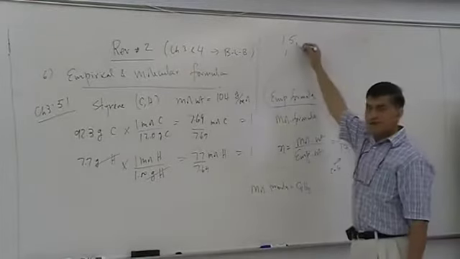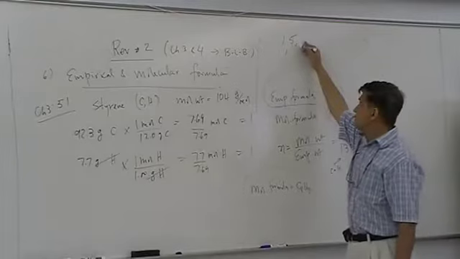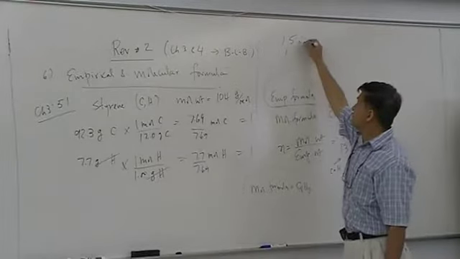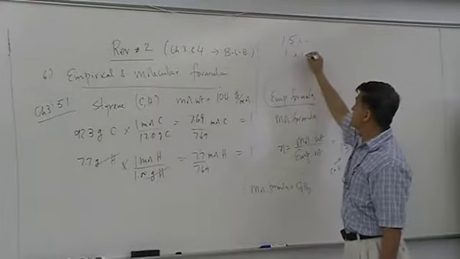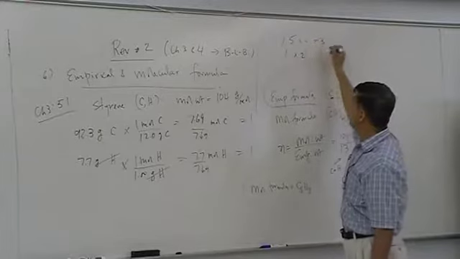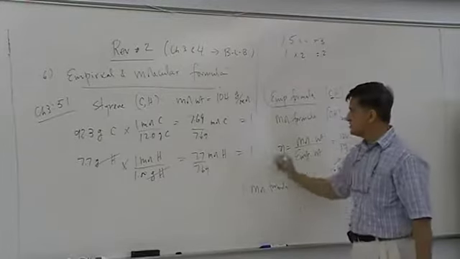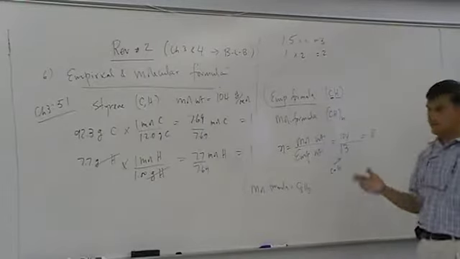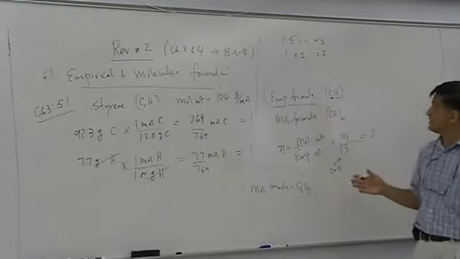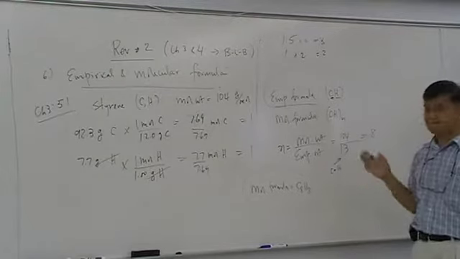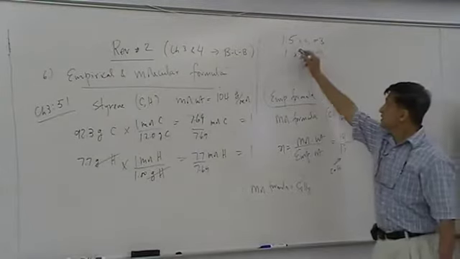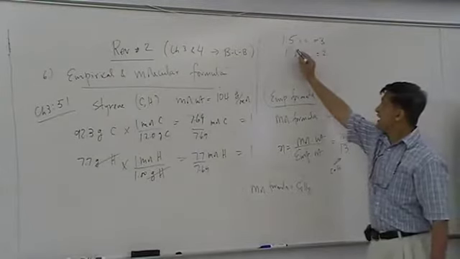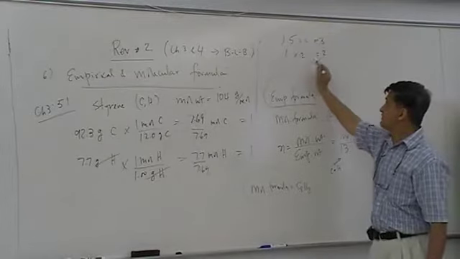You should not round it off to 1 or 2. Rather, if it's 1.5 multiplied by 2, then this should be multiplied by 2. Then it becomes 3 and 2. So these are the ratios at the end. So if you have 1.5, multiply by 2 to get a whole number.